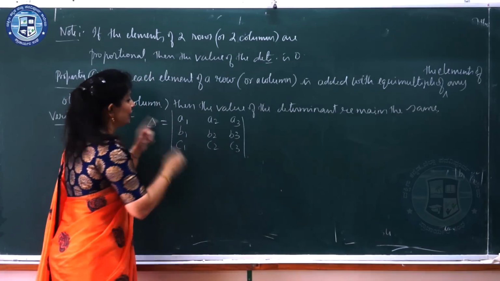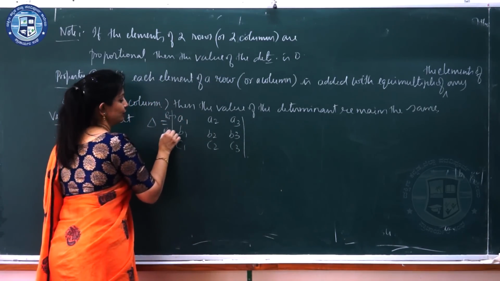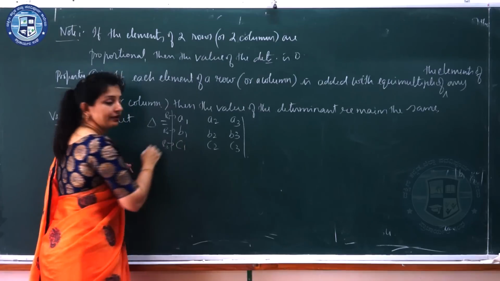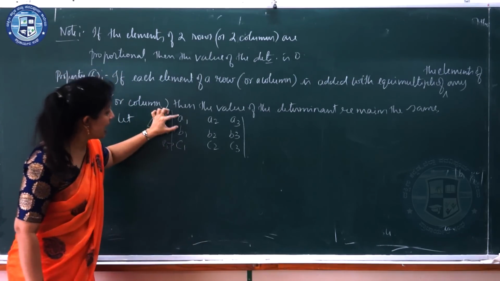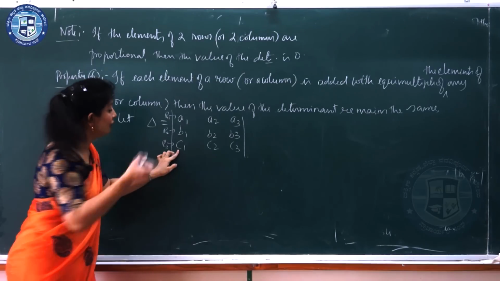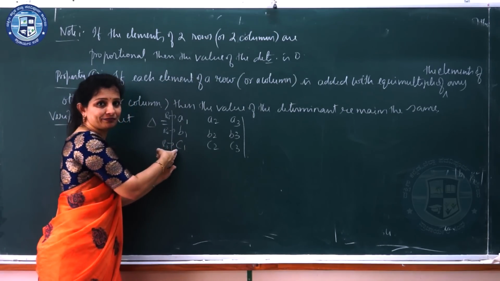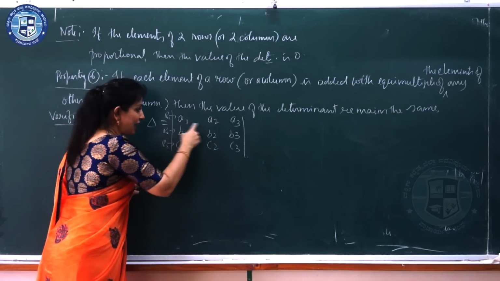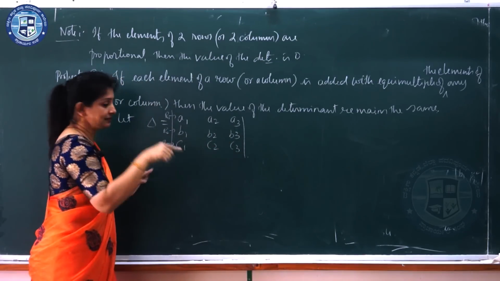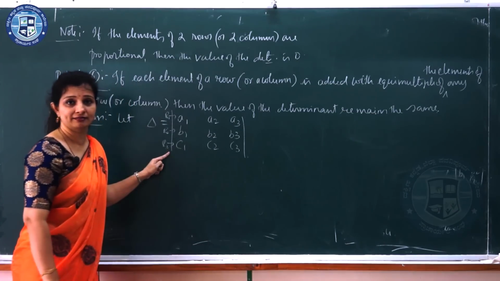That means what we will do: this is R1, this is R2, R3. We will add the first row and third row elements, along with the third row elements multiplied by some constant. Try to understand. R1 plus R3 multiplied by constant k.